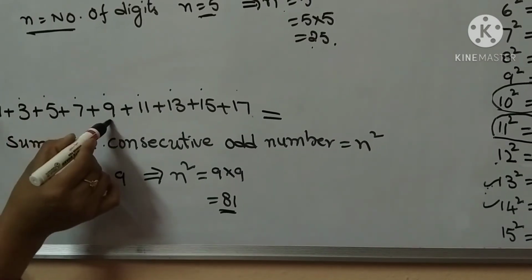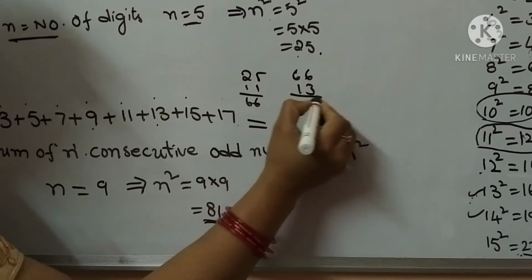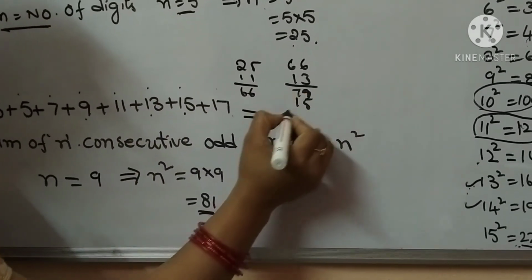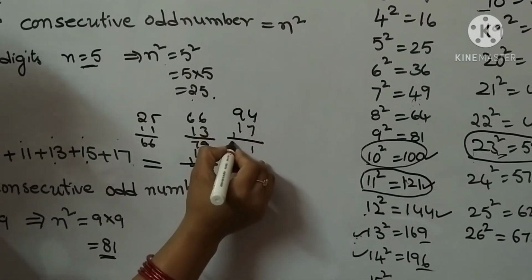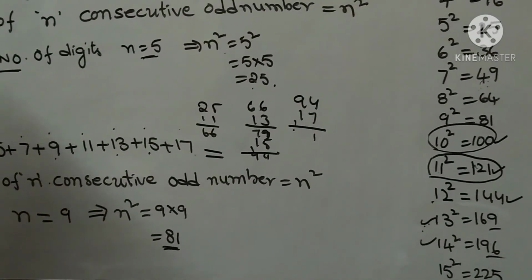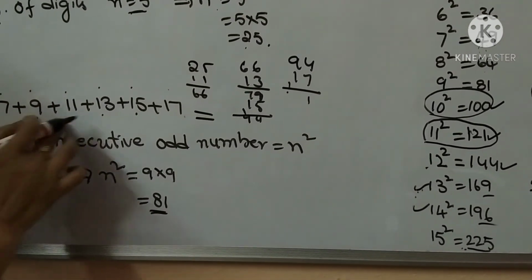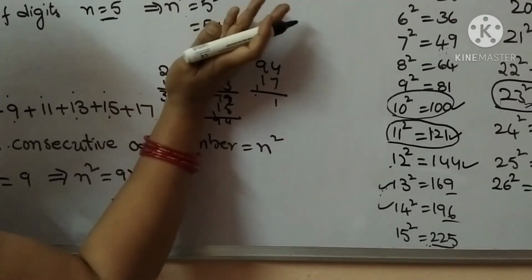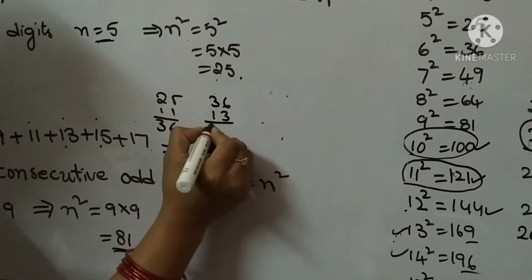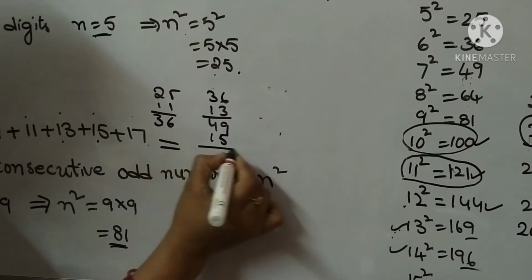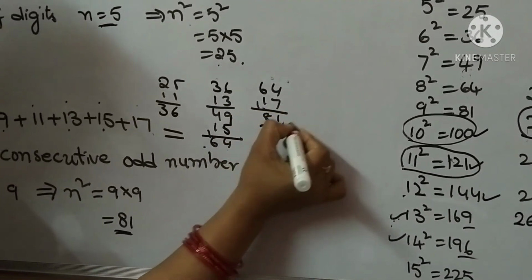Once adding, up to here is 25. Sorry, 25 plus 11 is 36. 36 plus 13 is 49. 49 plus 15 is 64. 64 plus 17 is 81. We get 81.